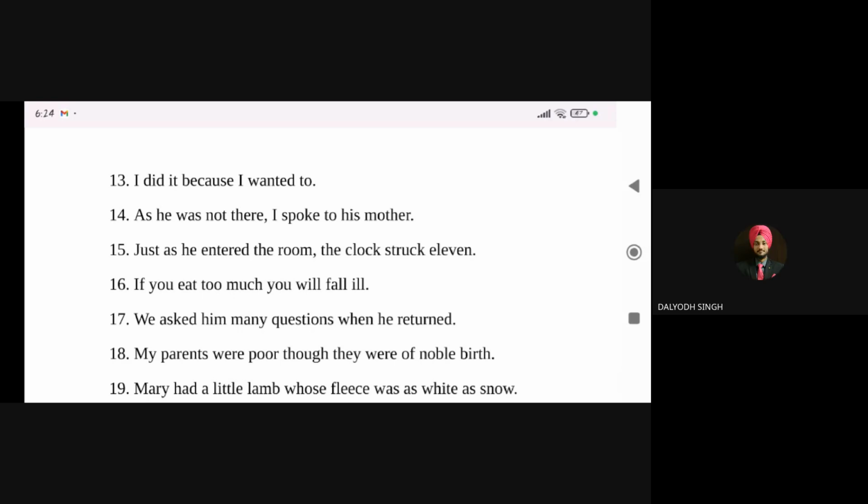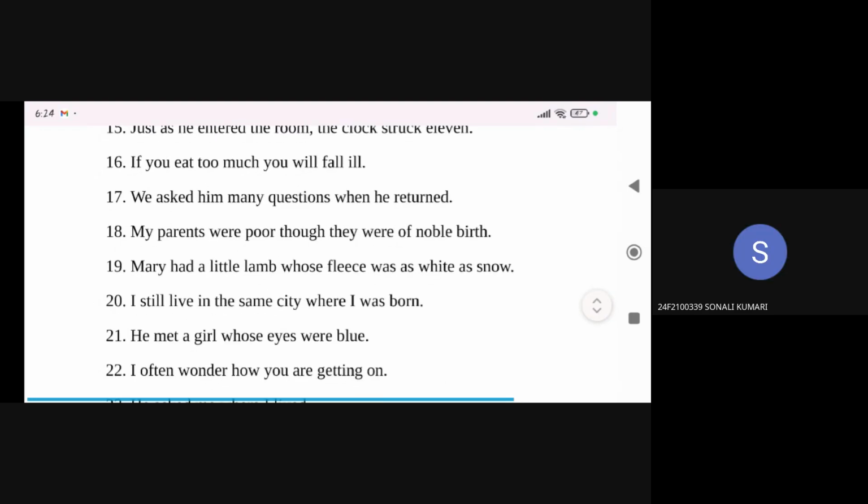It is adverbial, at that time, at that moment. Time. Adverbial. My parents were poor, though they were of noble birth. Though they were of noble birth. Adjective.